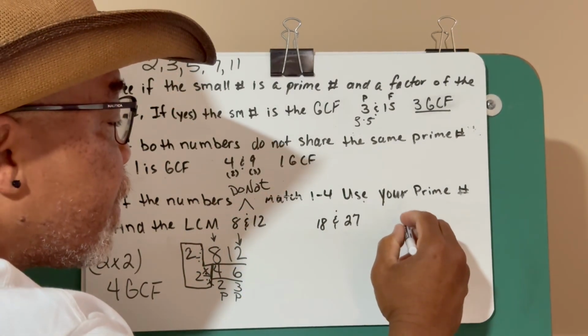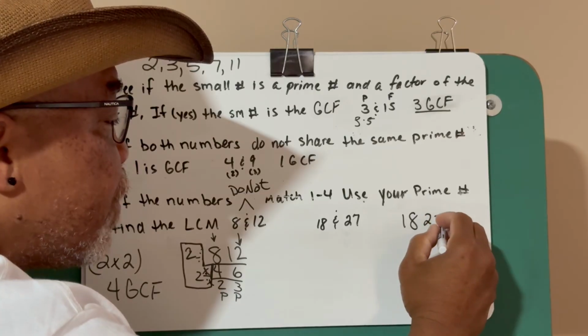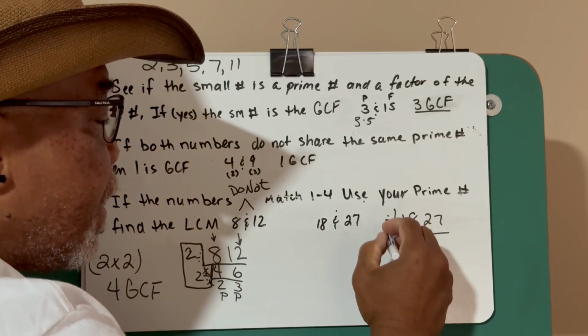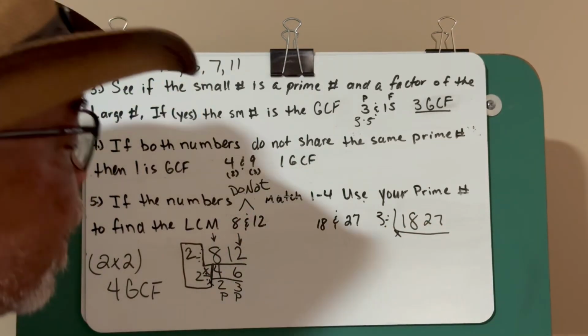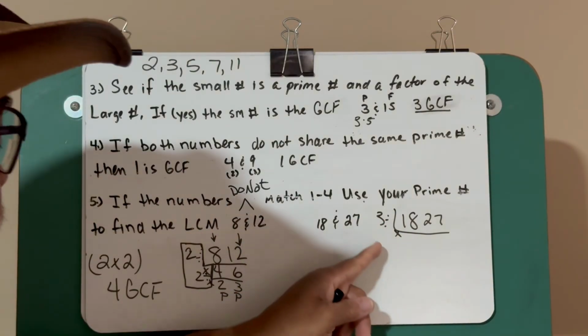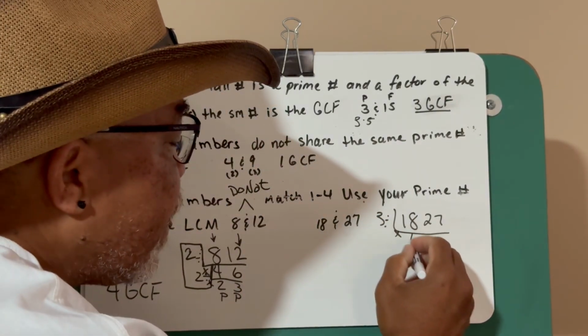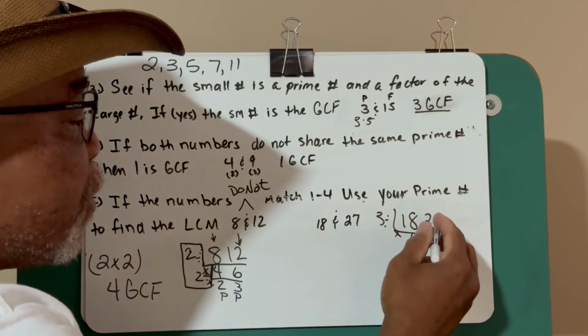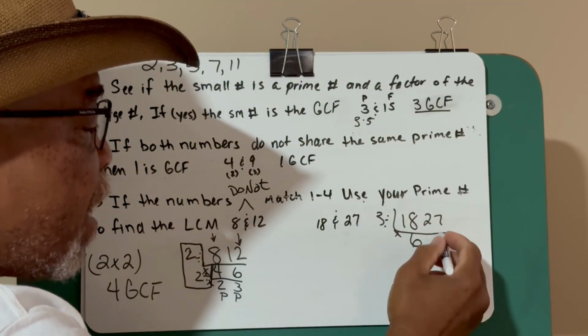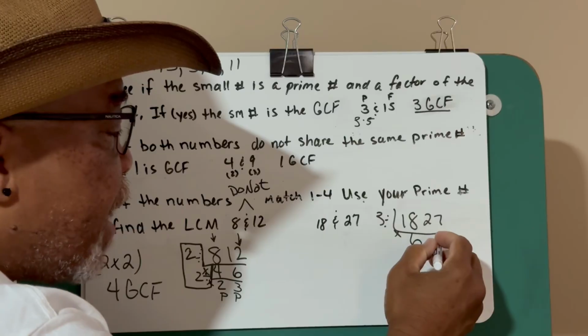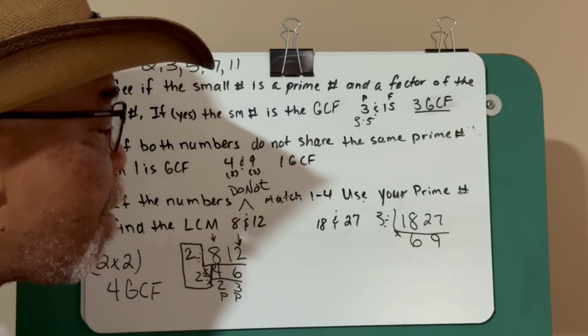We're going to go over here, 18 and 27 divided by 3. I can say 18 divided by 3 is, or I can say blank times 3 equals 18. Either way, I get 6. I can go 27 divided by 3 is, or blank times 3 equals 27. Boom.